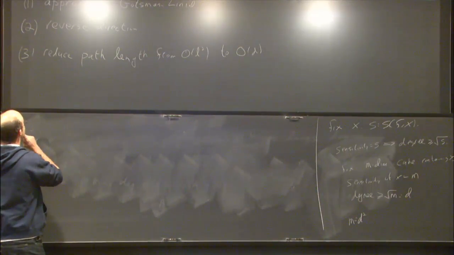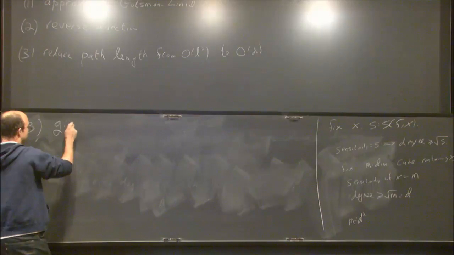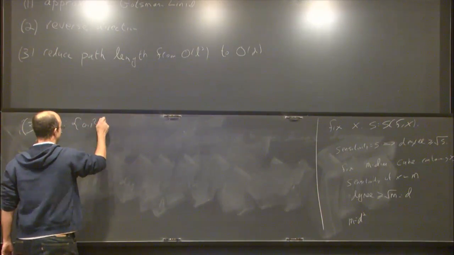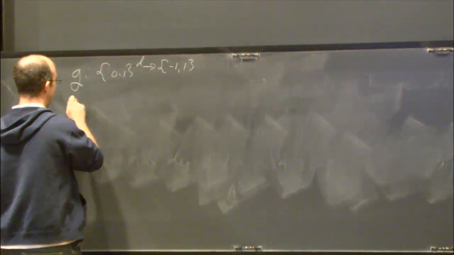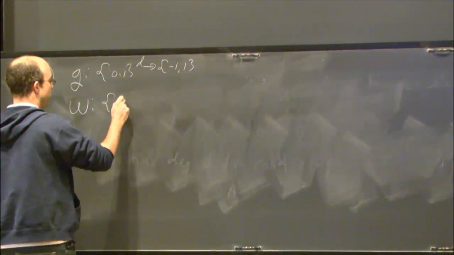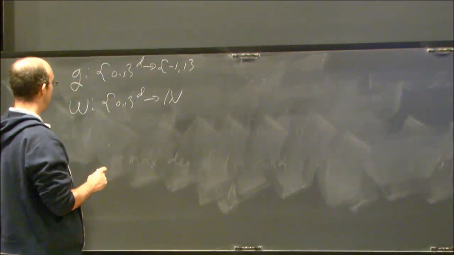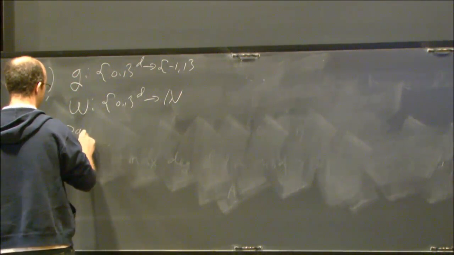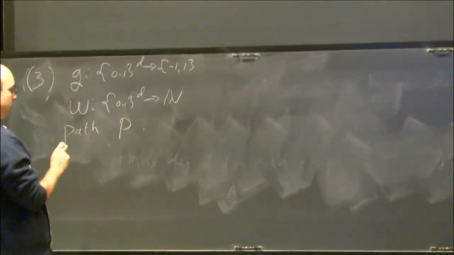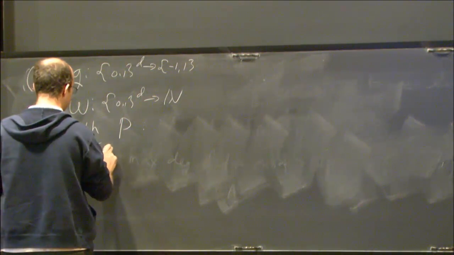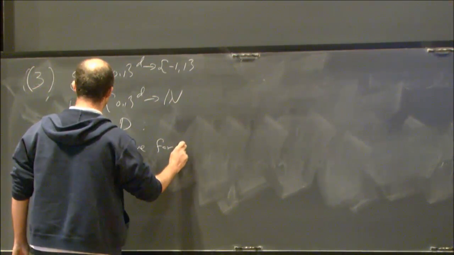So again, let me remind you of the question. We have this Boolean function g from {0,1}^d to {-1,1}, and we have some weight function w from {0,1}^d to, let's say, the natural numbers, doesn't really matter. What do we want? We want a path p in this cube that satisfies 4 properties. It is sensitive for g.